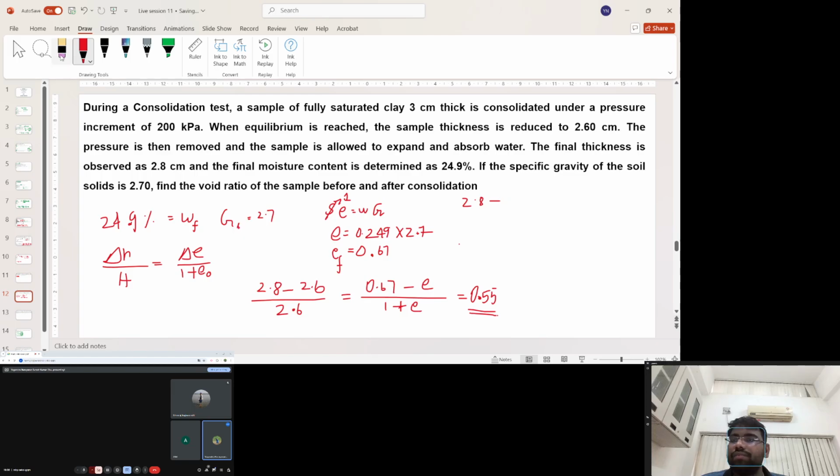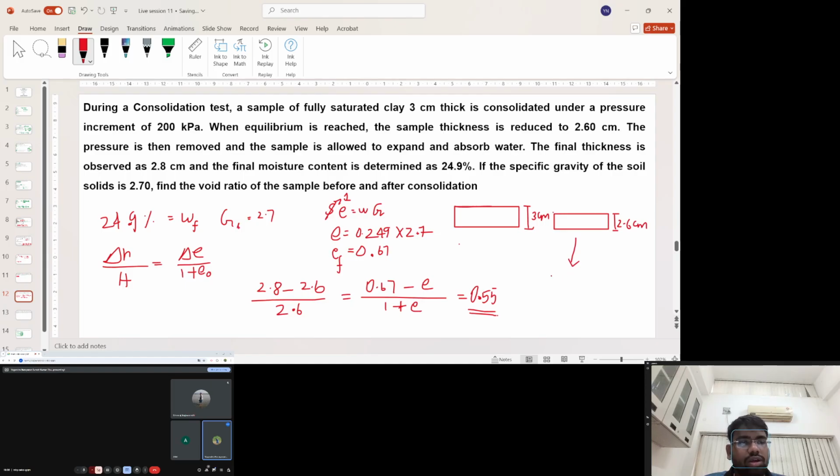Sir, can you draw the diagram so that it will be easier to understand? Yes. So this is the initial condition, which is 3 centimeters. Now it is reducing to 2.6.